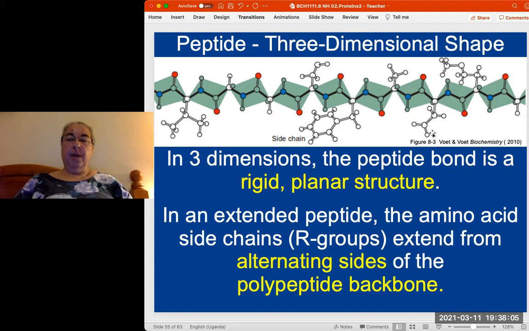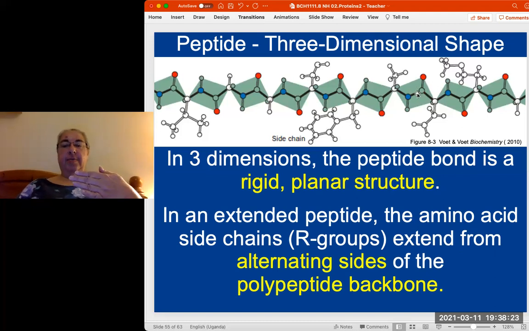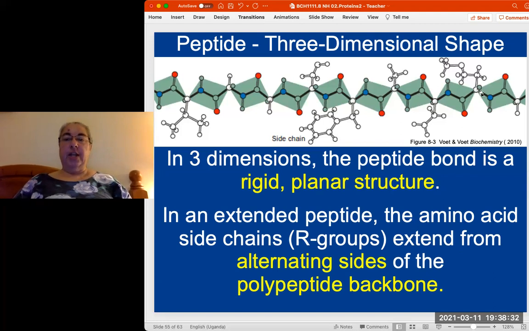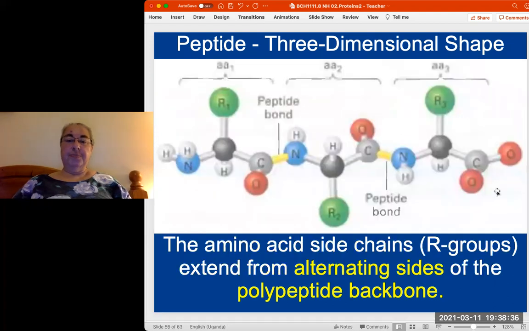Above, below, above, below. So the R groups are on alternating sides of the polypeptide backbone, and each peptide bond is like, as it's illustrated here, a rectangle joined at a corner. And this is very important in the way that polypeptide chains are able to fold up in 3 dimensions.